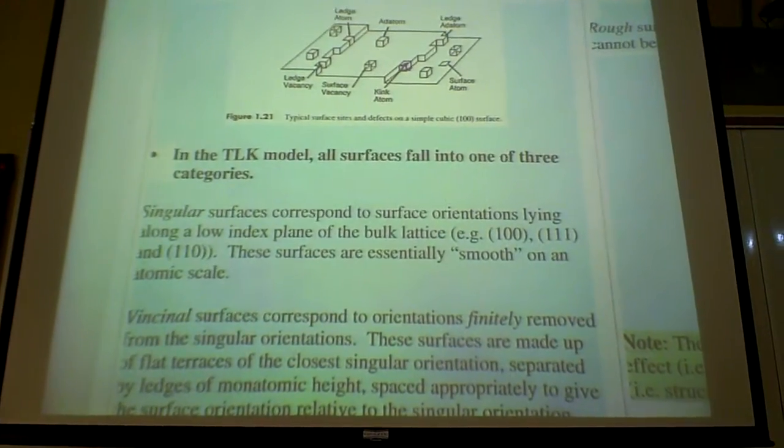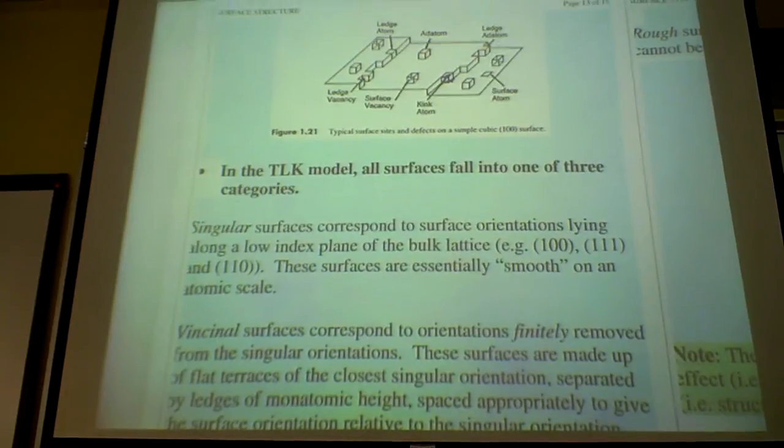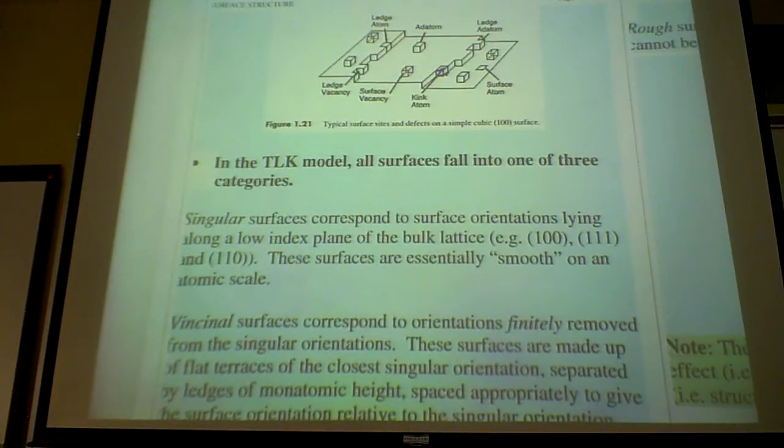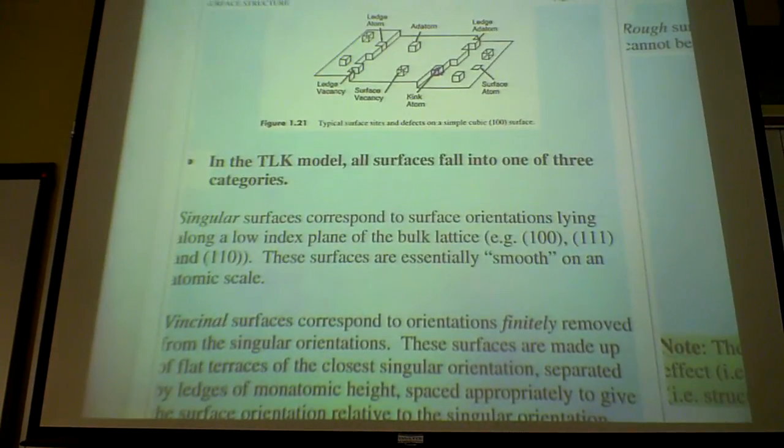The top skin is the ideal surface, because that's the layer without any reconstruction. Whereas if you go up higher into the selvedge layer, then you are not talking about the ideal surface anymore, because the layer could change.